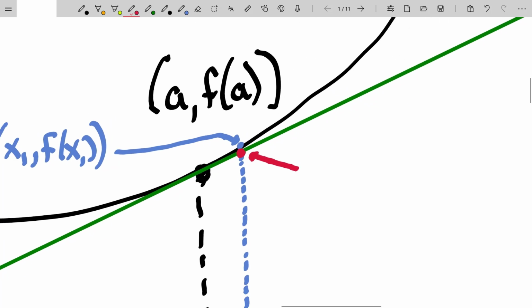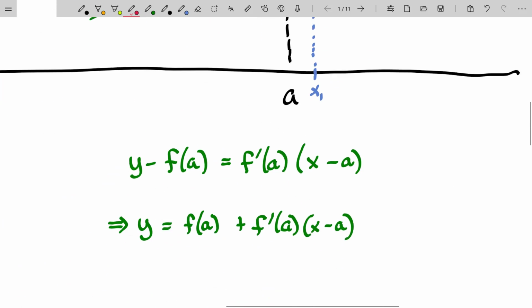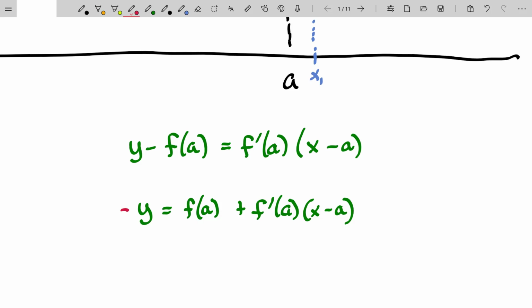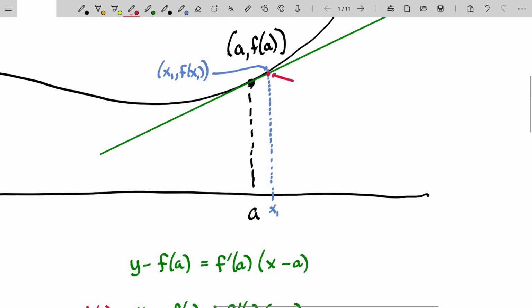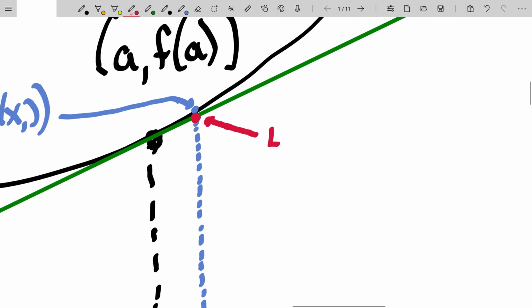And that tangent line, we'll call L for line, rather than y, because I think that's going to get a little confusing. So with that tangent line, we could approximate the value of f at x sub 1 using L at x sub 1 instead.